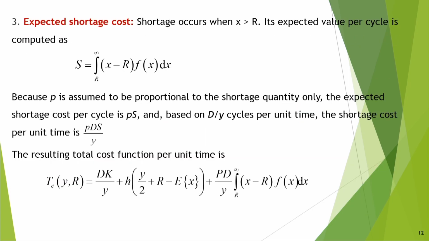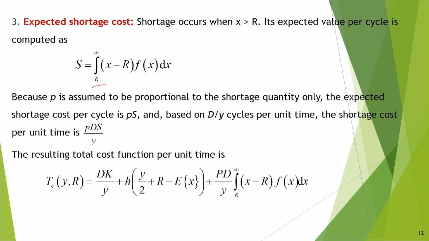Now, the expected shortage cost. Shortage occurs when X is greater than R, that means your demand is more. So the expected value per cycle is computed. That means the reorder point R, and demand goes from R to infinity, because if demand is more than R, only then will you get shortage.